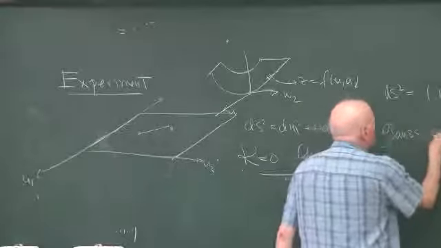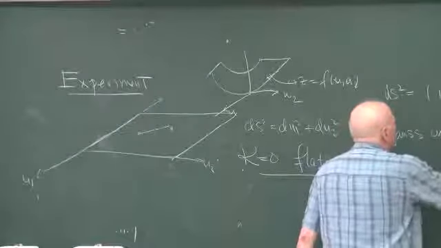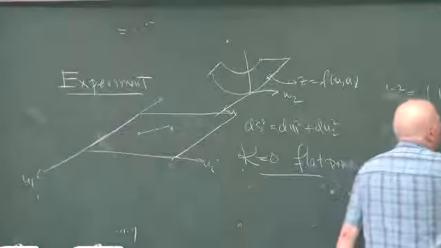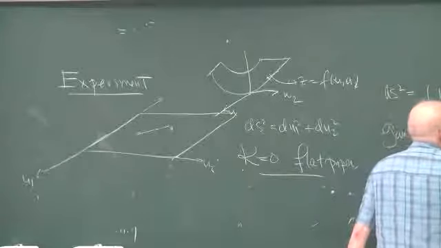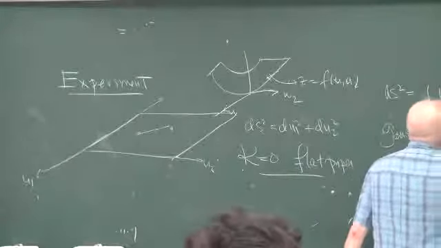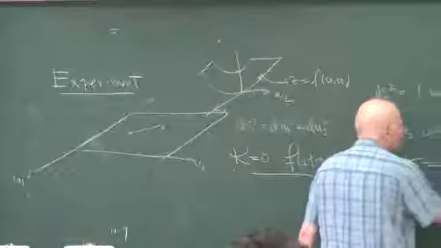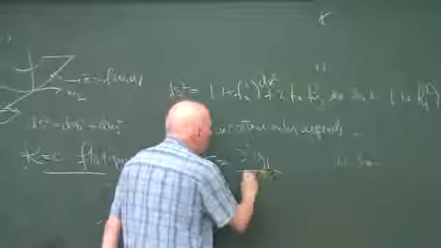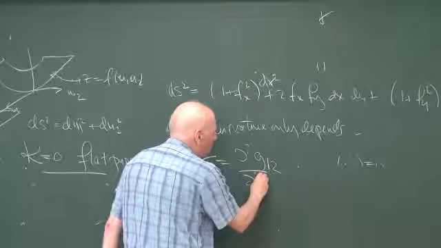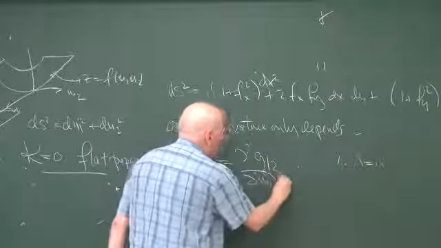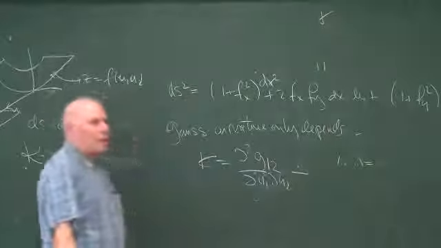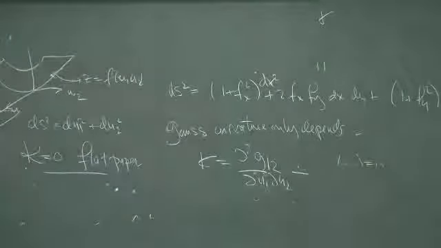Remember, we just proved that. We just wrote down the formula. K is some derivative of g, g12, u1. I erased it. So the Gauss curvature only depends on the metric.